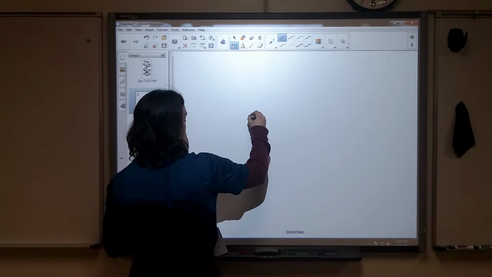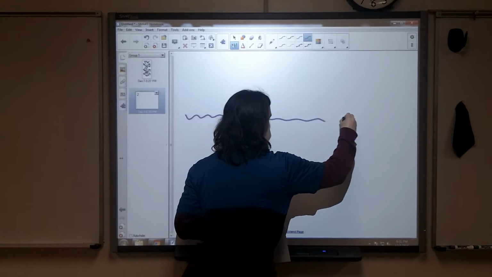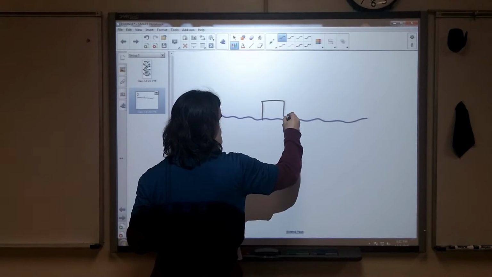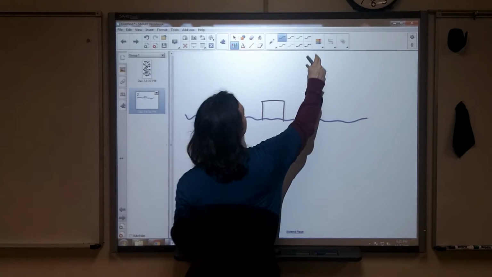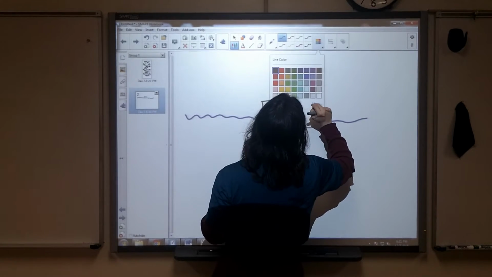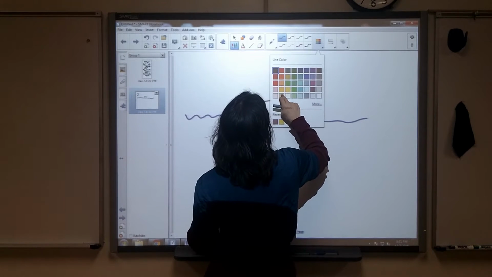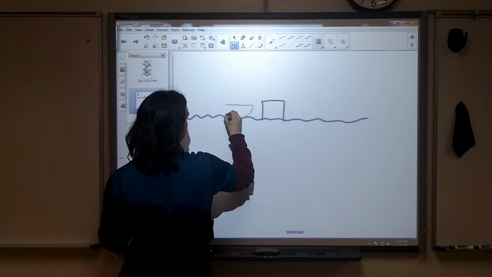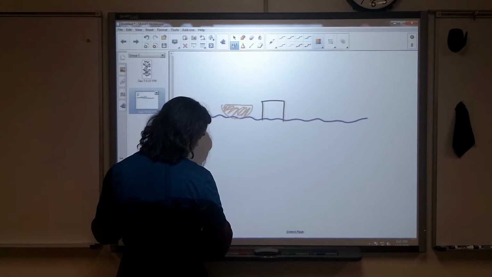So, the way we've got this set up, let's imagine that we've got water, and we've got a dock, and we've got a boat. Here's our boat.